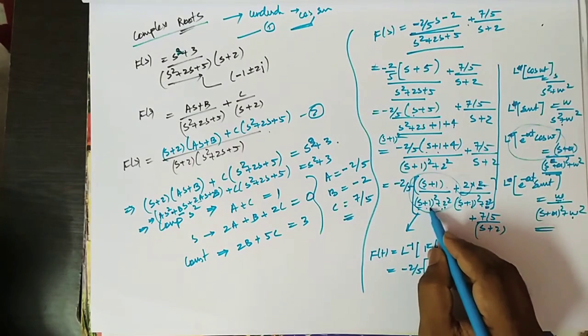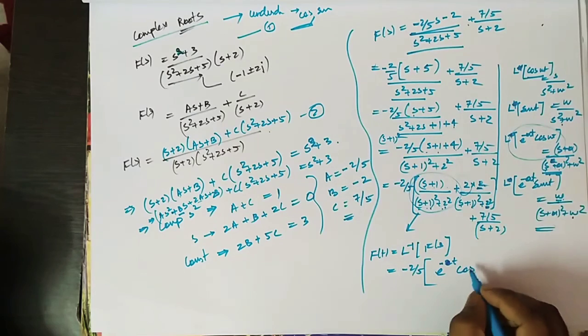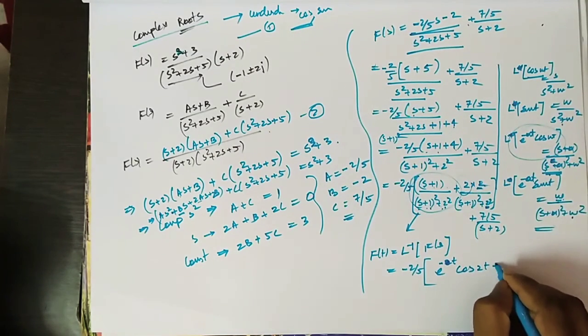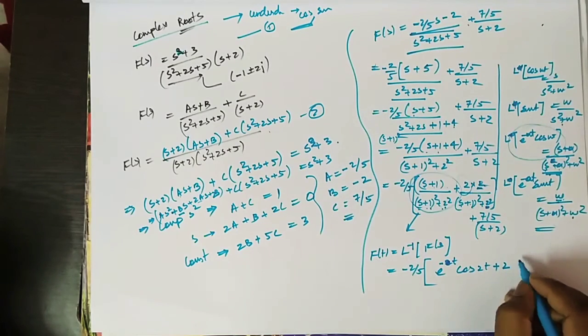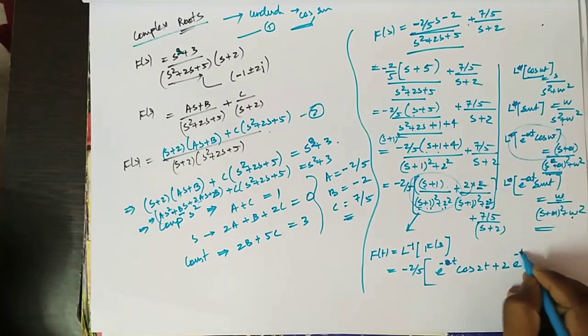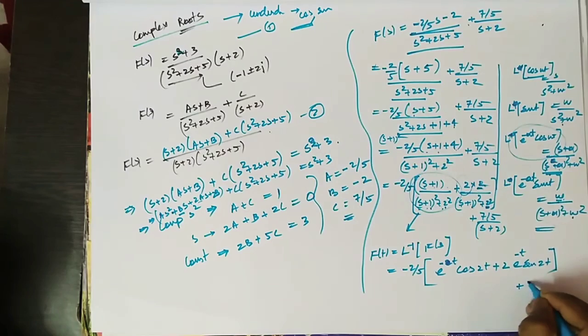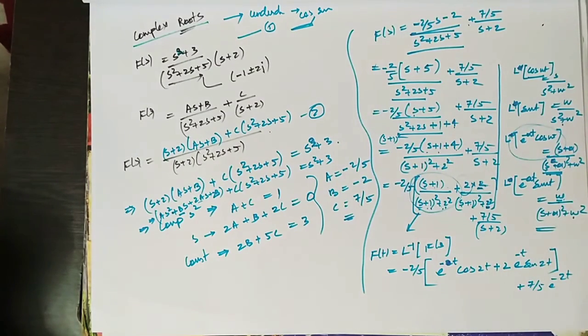A is 1 here. e power minus t cos of 2t, plus 2 into e power minus t sin 2t, plus 7 by 5 into e power minus 2t. This you obviously know.